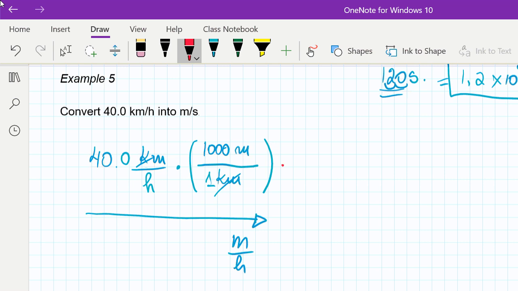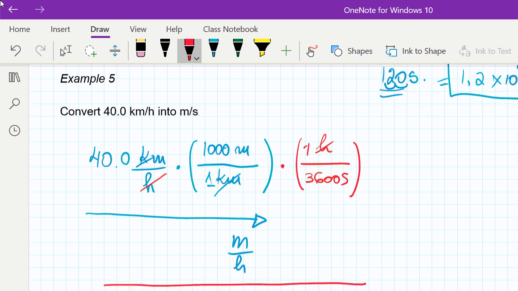And then we have to convert hours into seconds. You can go in two ways. You can go hours into minutes, minutes into seconds, or you can go straight to seconds, because we know that in 1 hour we have 3,600 seconds. So hours and hours cancel out. And then what you have at this point is meters per second, and those are the units that we are looking for.